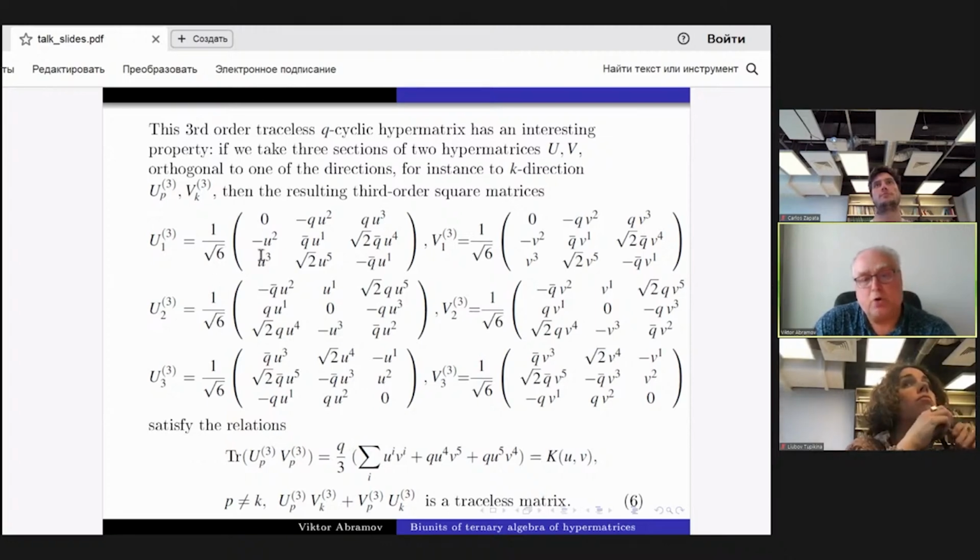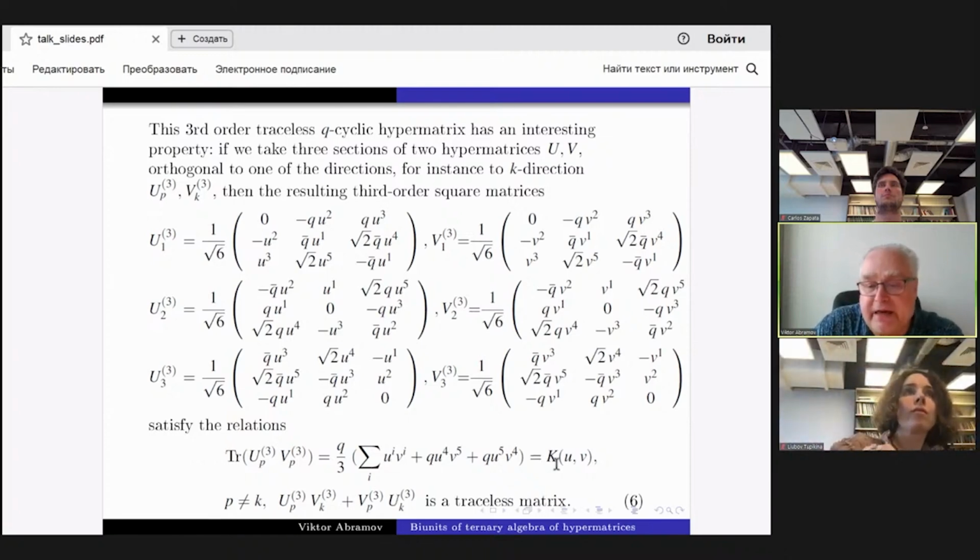So if I take a product with the same subscripts here, then the trace of this product is this bilinear form. I will explain what this form is, because this form is, for me, very important. And if these subscripts are different, then I multiply like this: u, v, vu, I interchange the order, I interchange them. Then it turns out that this is a traceless matrix. If I calculate the trace of this matrix, it's 0. Why it's important, I will show later.